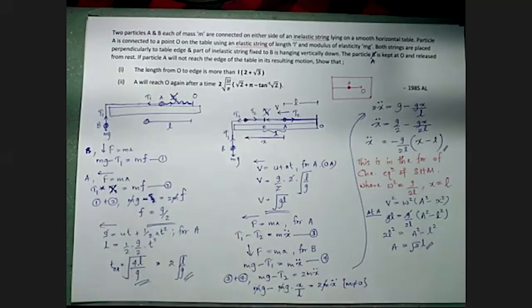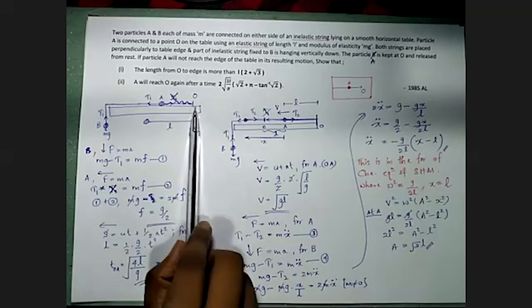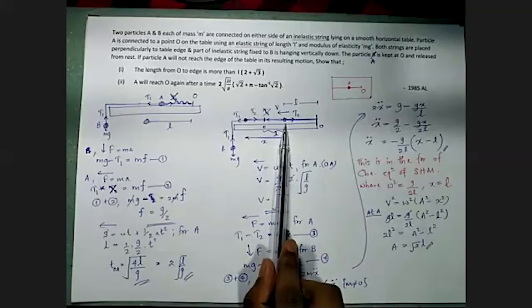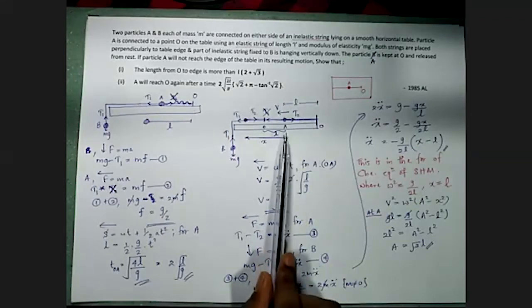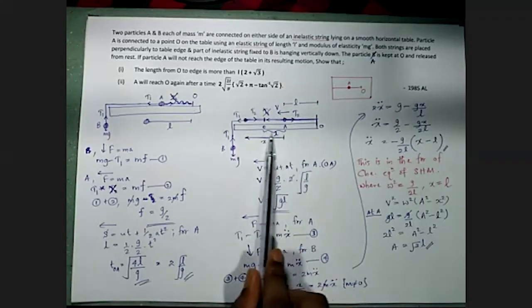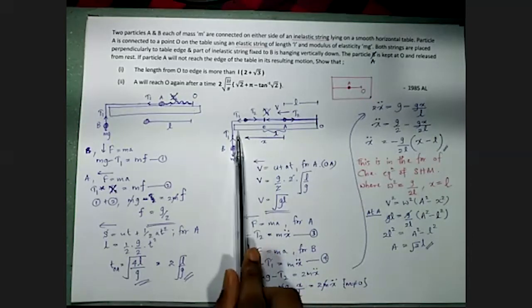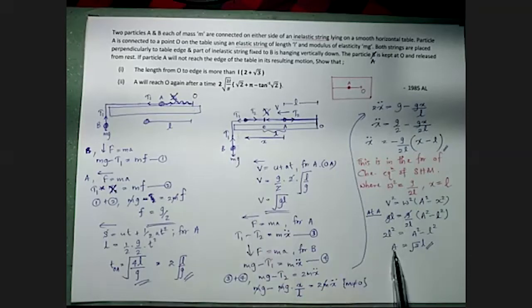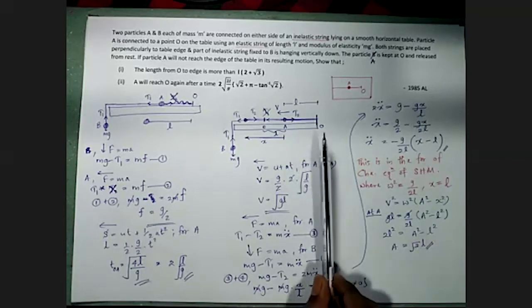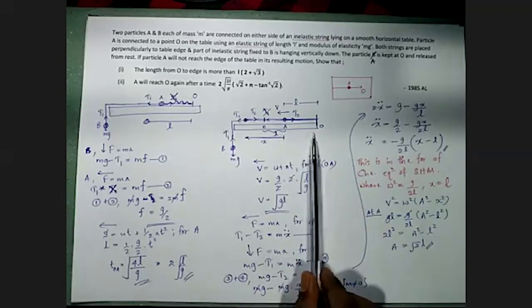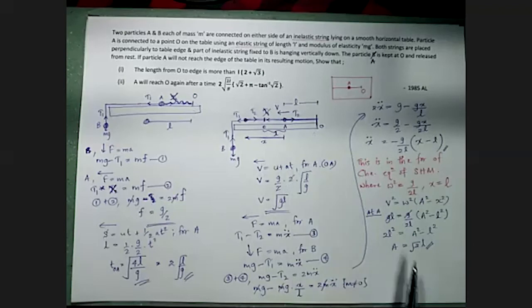That means, what is the distance from O to the center of motion? Here L, here also L, that is altogether 2L. Then the distance from C to the maximum distance moved by the particle, which is the amplitude, is root 3L. Therefore, the maximum distance traveled by this particle from O will give you 2L plus root 3L.